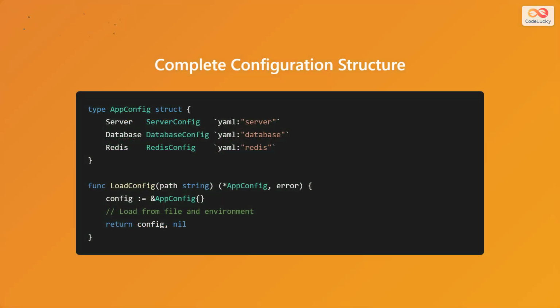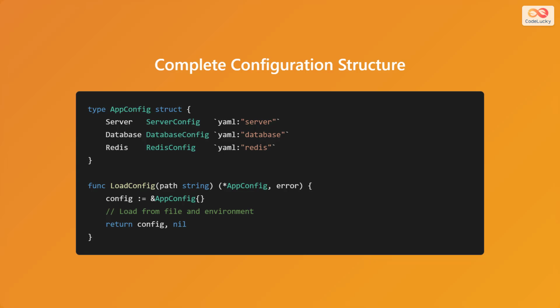Let's look at a complete configuration structure that brings together all the concepts we've discussed. The AppConfig struct serves as the root configuration object and contains nested structures for different application components. It includes ServerConfig for server-related settings, DatabaseConfig for database connections, and RedisConfig for Redis cache configuration. Each nested struct uses YAML tags for clean configuration file mapping.